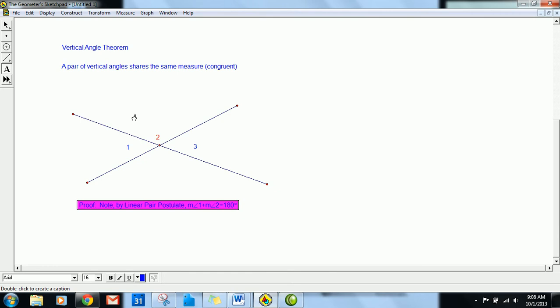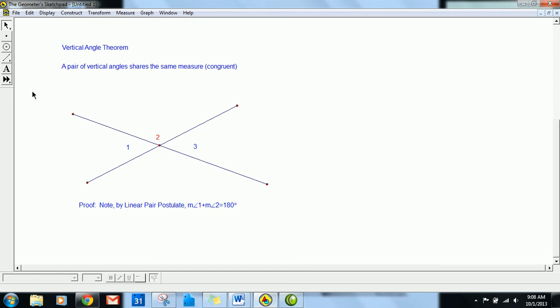Okay? And what also happens in the diagram is that not only do 1 and 2 add up to be 180, but there are two other angles that also are linear pairs and also add up to be 180. That's right, 2 and 3. Angles 2 and 3 also add up to be 180.